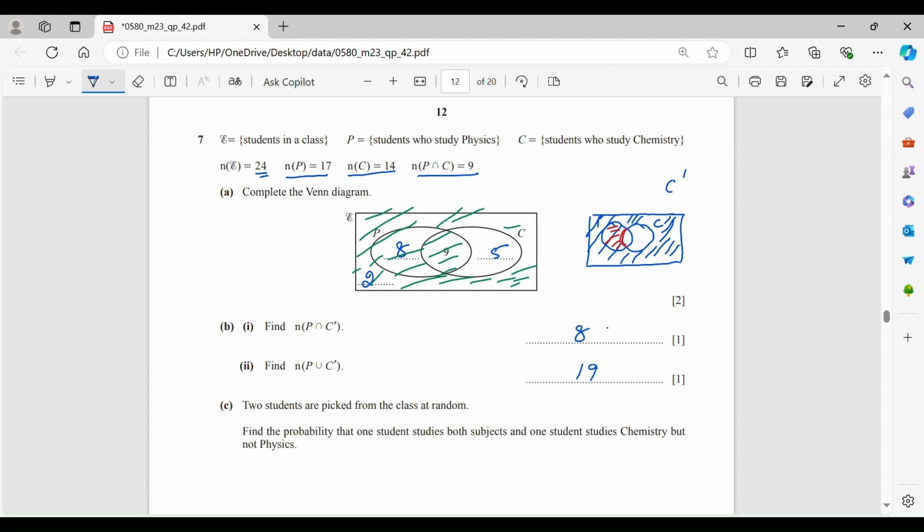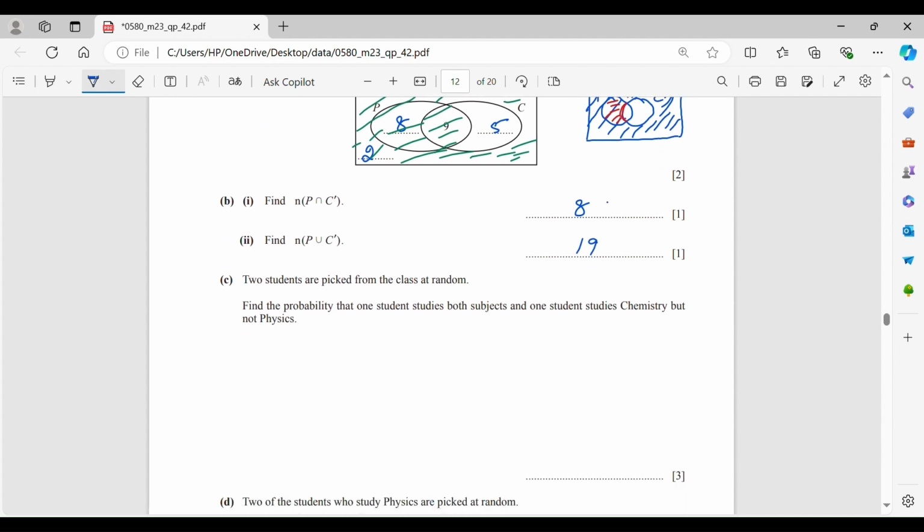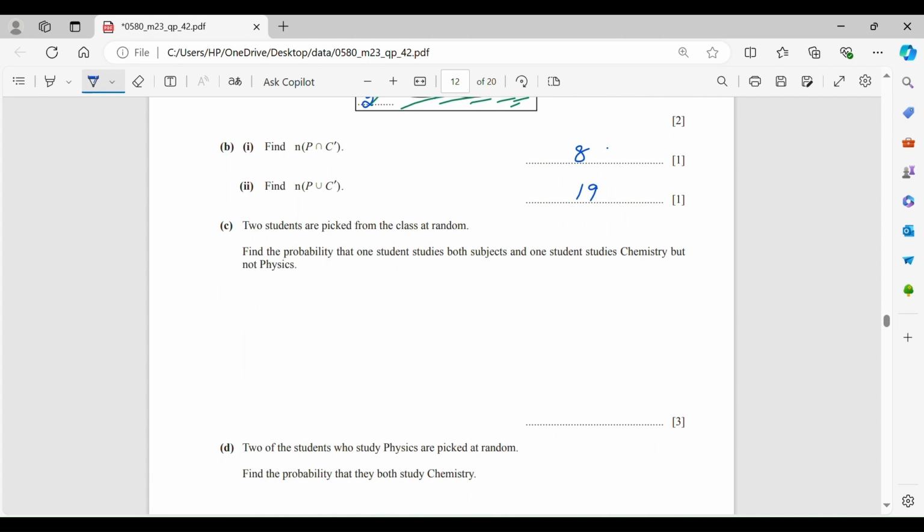So next part, C part. Two students are picked from the class at random. Find the probability that one student studies both subjects and one student studies chemistry but not physics. Okay. So the total number of students is 24. One student who studies both subjects, that is 9.